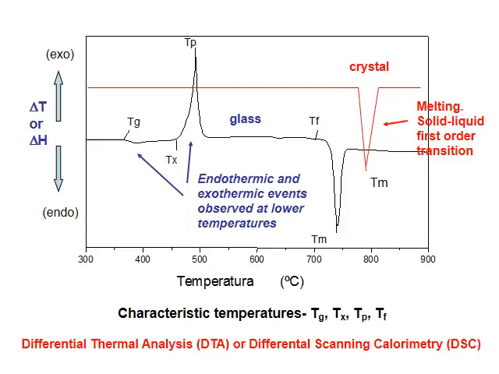This transformation is not a real thermodynamic phase transition, since you are dealing here with metastable materials, but it resembles a second-order phase transition. What you can see is a small change in the baseline, meaning a small change in the heat capacity of the sample. This is what we call the glass transition temperature, Tg.